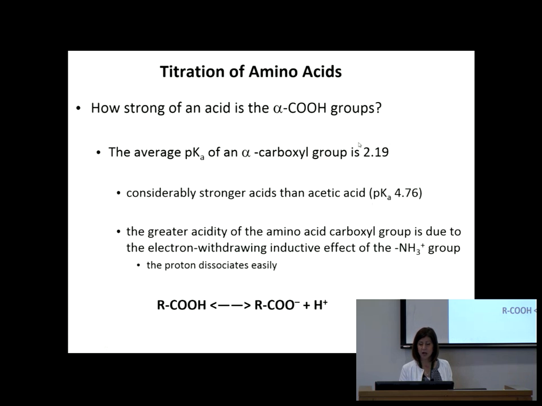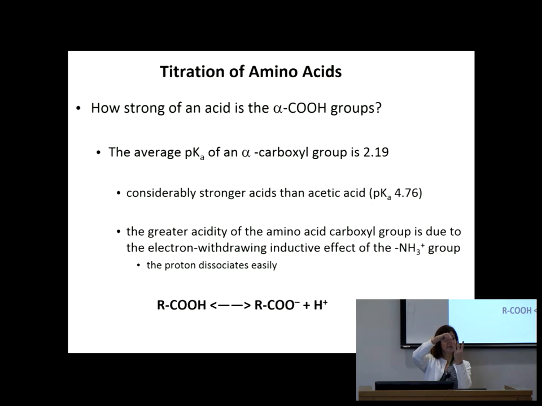This has a pK of 2.19. The only thing different between acetic acid and our amino acids is that you have the amine group on it. Really, that's the only difference. So with acetic acid, you have 2 carbons, and 1 carbon has the acid group. On an amino acid, you have the carbon with the acid, the alpha carbon, and then the amine group on the other side of that other carbon.